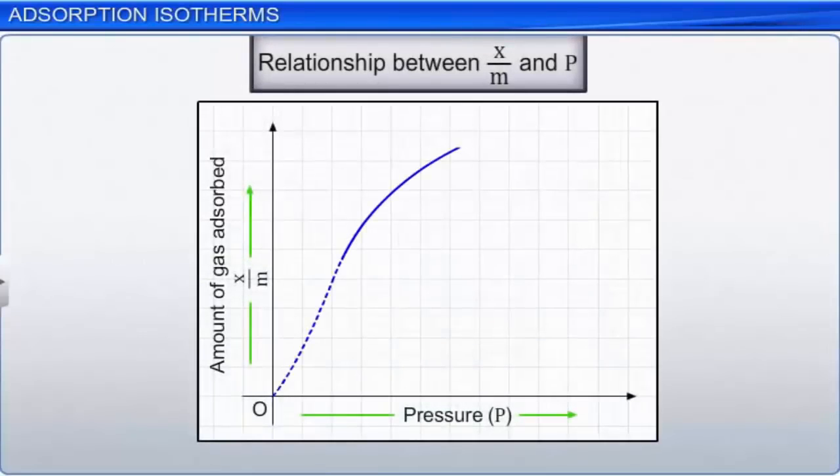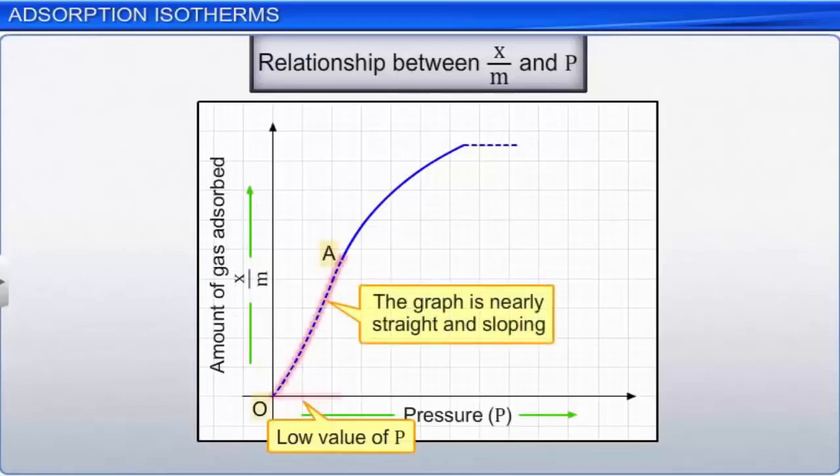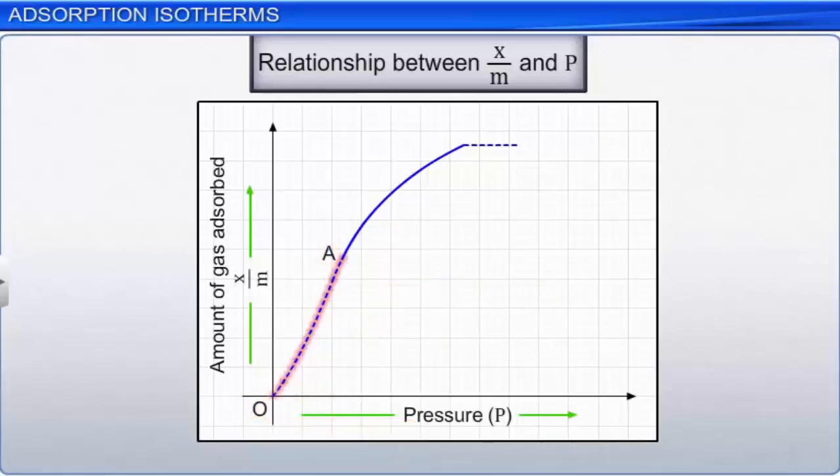If you look at the curve carefully, you will observe that at a low value of equilibrium pressure, part OA of the curve is nearly straight and sloping. Therefore, for part OA of the curve, the relationship between pressure and quantity adsorbed can be represented by the equation x/m is directly proportional to P^1.